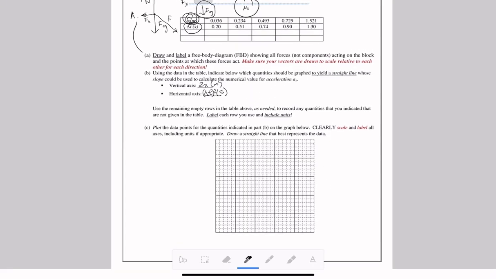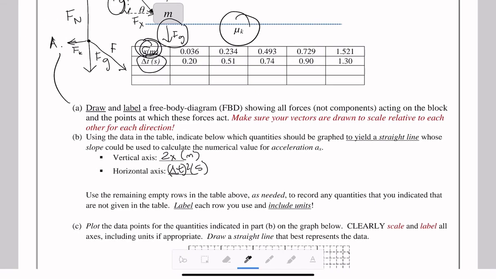We're asked to record any quantities, so I'm going to plug this equation in using these values. What I mean by that is this becomes 2x in terms of meters, and I'm going to multiply this by 2 to get 0.072.